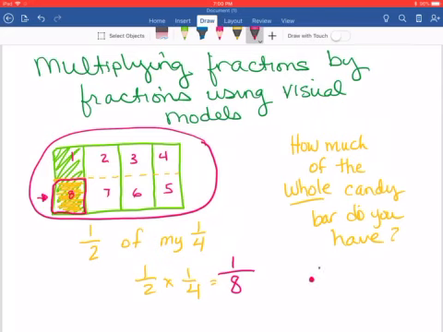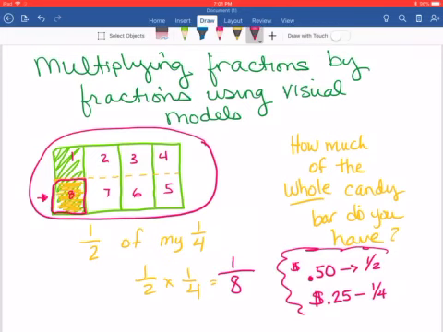Half of $1 is 50 cents, right? If I want half of your 1/2 dollar, I'm going to have 25 cents. Just something to think about.